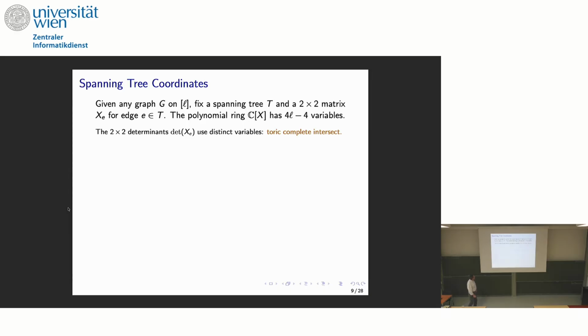Now let's look at all the determinants for every edge in the spanning tree. Well, they use distinct variables, so this is the world's simplest equation. Along the spanning tree, you take all these 2 by 2 minors, and this is toric. Now, toric is another one of those adjectives that means very good. Toric means the equations are very friendly and everything is very fast. So this is a toric complete intersection.